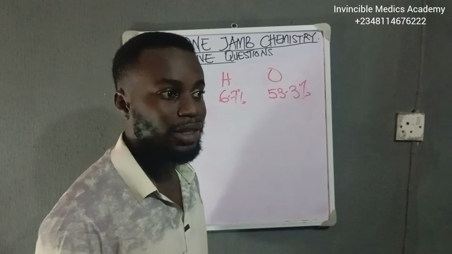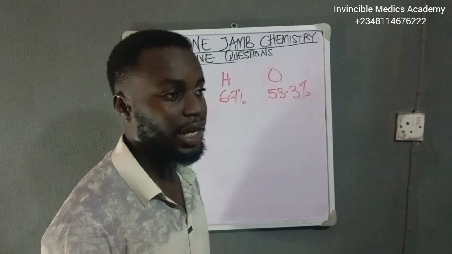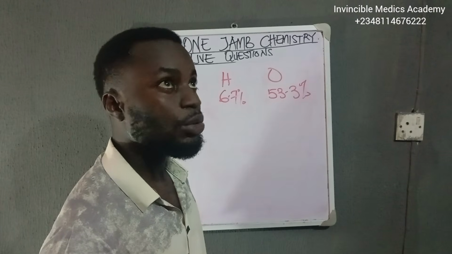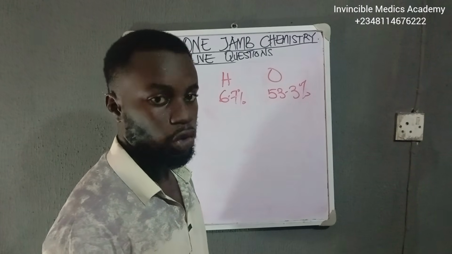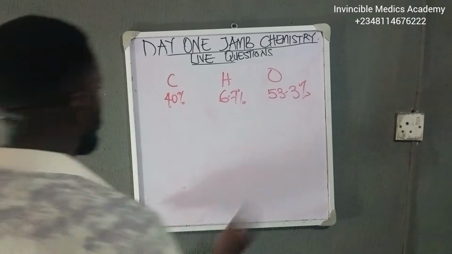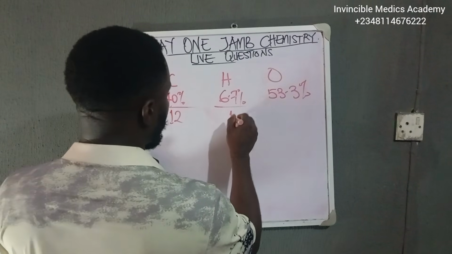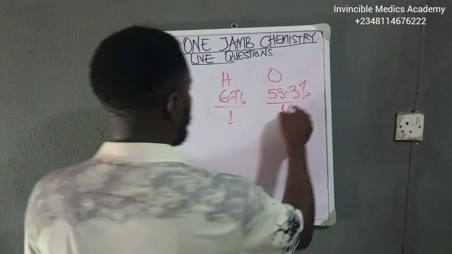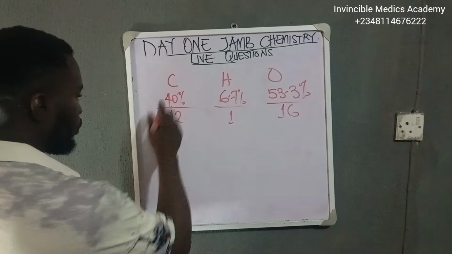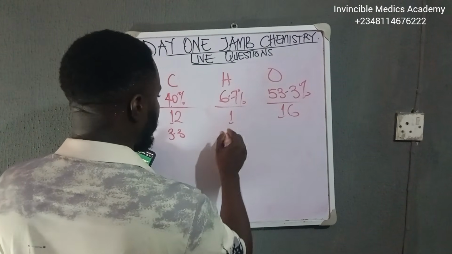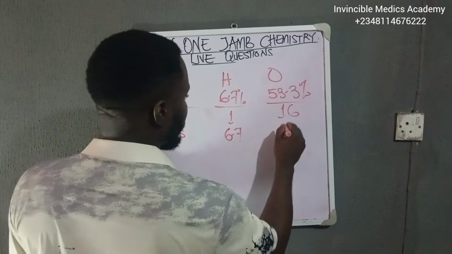You have to know the molar masses of some common transition metals like iron, mercury, lead, and so on and so forth. Alright? So, divide through, we are going to have 12 here. You have 1, and you have 16. When you divide this, you are going to have what? 3.3. Divide this, you are going to have 6.7, and you are going to have 3.3.